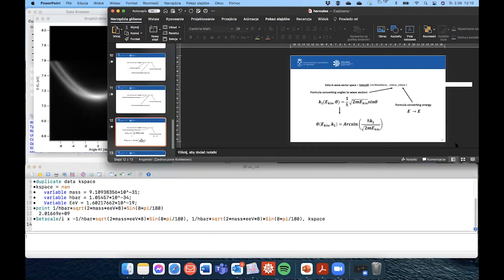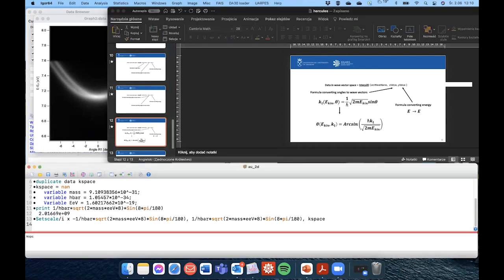And now we can perform this operation. So K space is equal to interp2d.